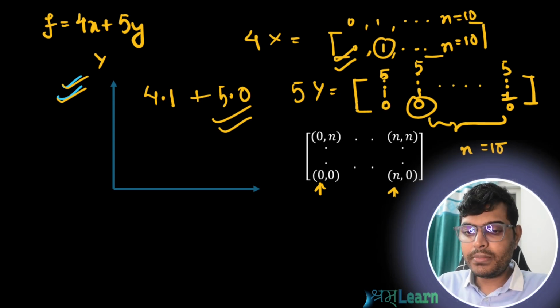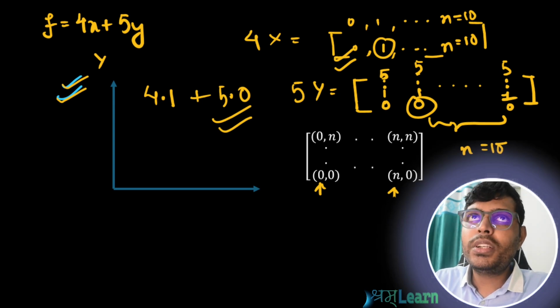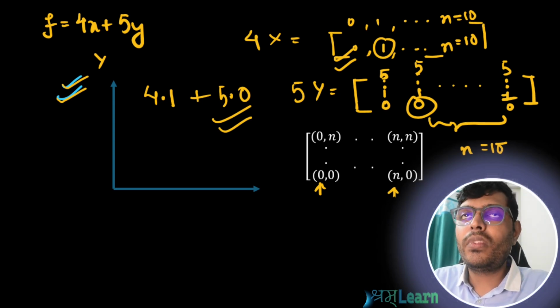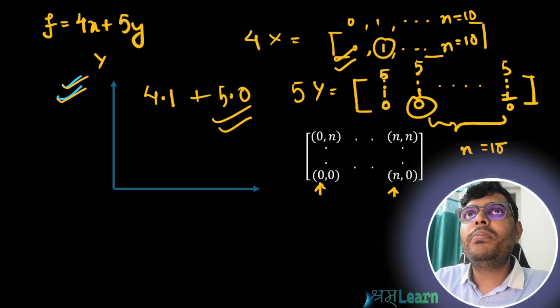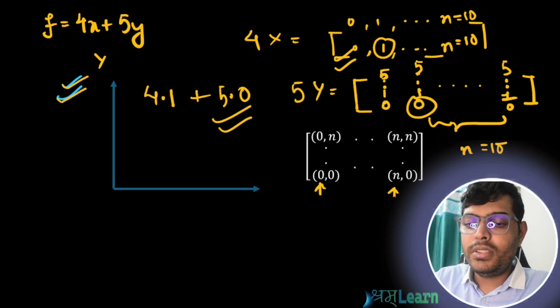Fine. This is the Meshgrid. Import numpy as np, import matplotlib dot pyplot as matgrid.